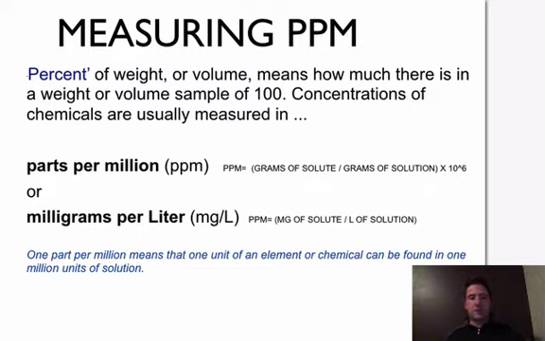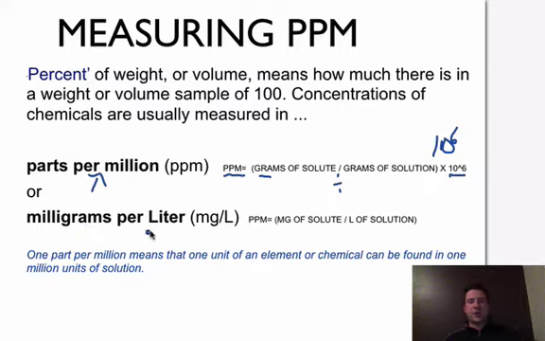Parts per million, which we'll refer to as ppm, is the grams of the solute divided by the grams of the solution, multiplied by 10 to the power 6.